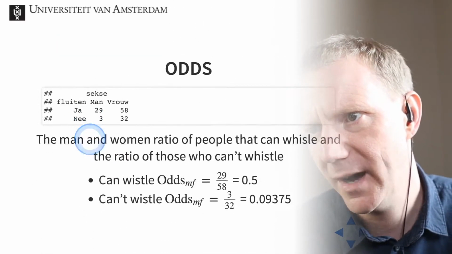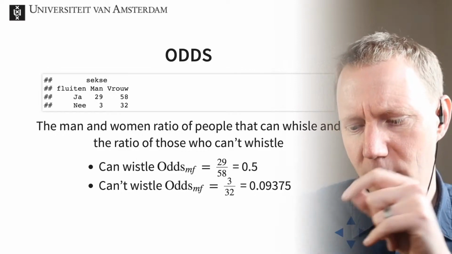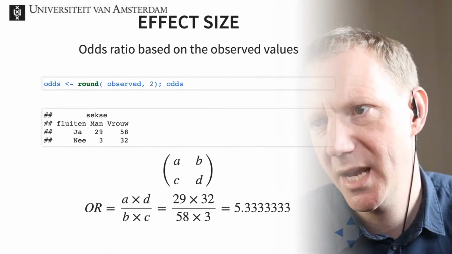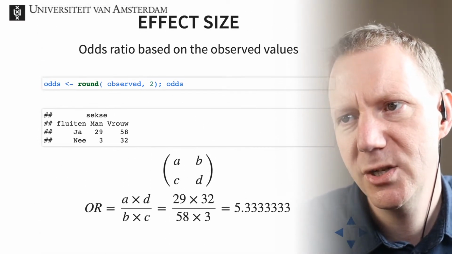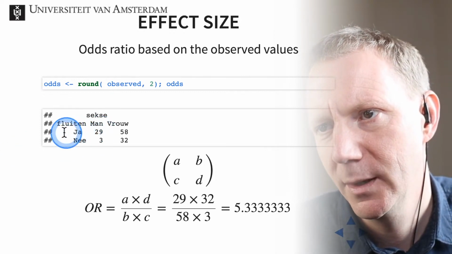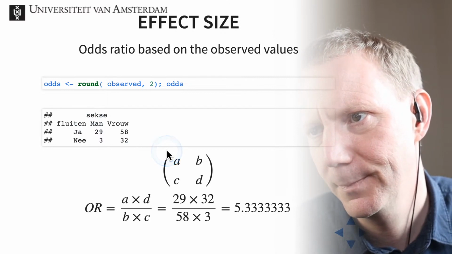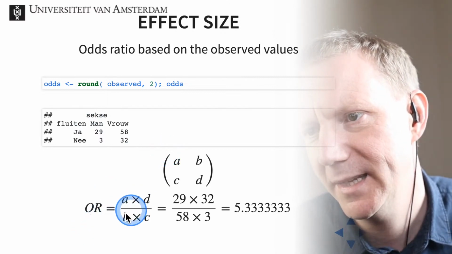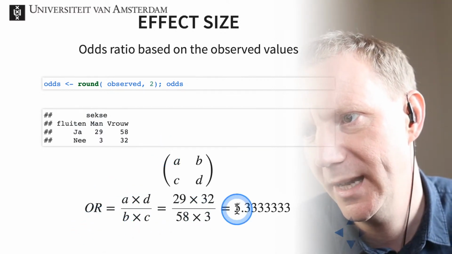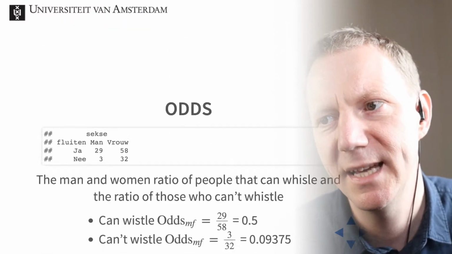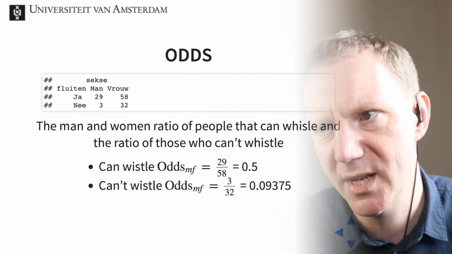So instead of finding out which one you have to compare, you could just say, well, I'm doing the odds ratio of the y-axis, whistlers to non-whistlers. And if I want to do this, I do it this way: A times D divided by B times C, and then I've got my odds ratio, instead of going through the multiple steps.